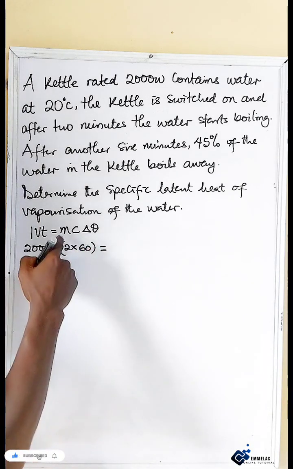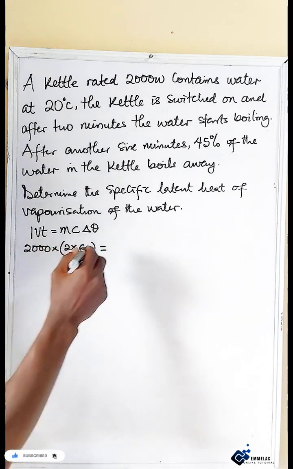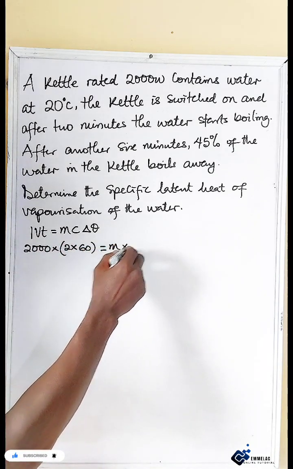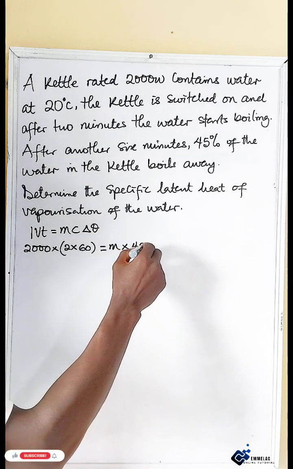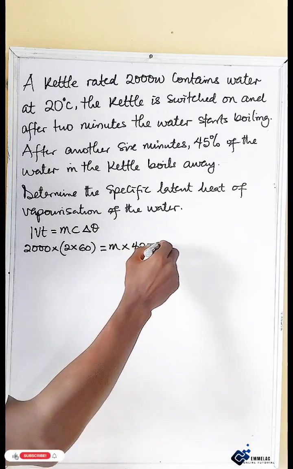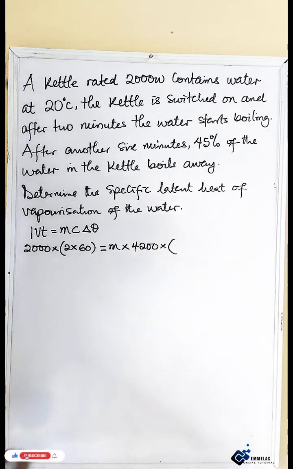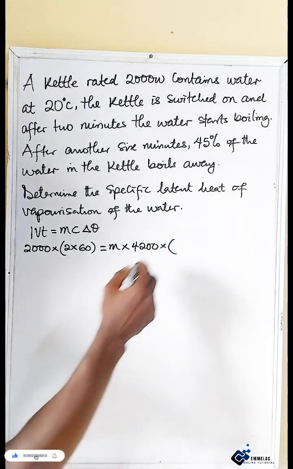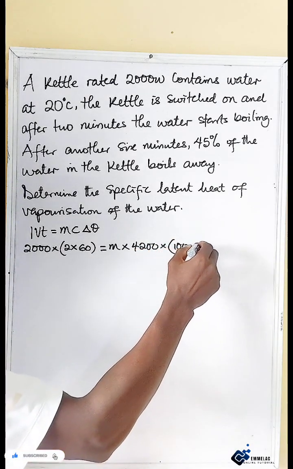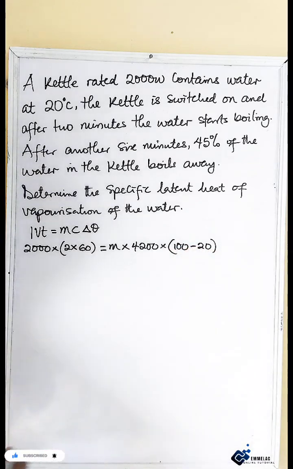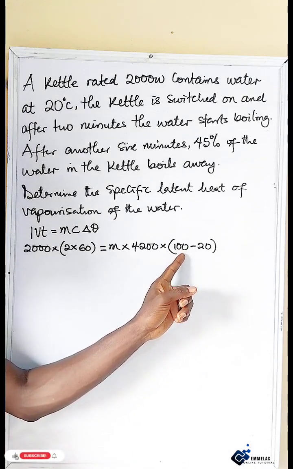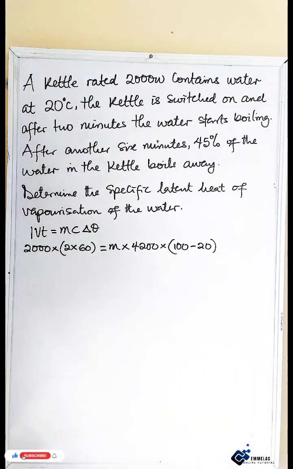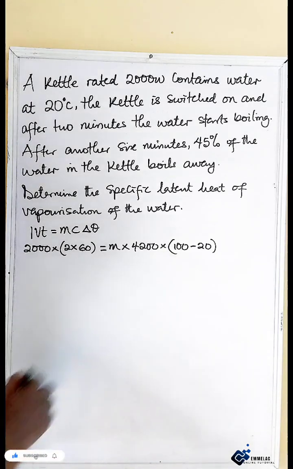Then equals the mass, which we are looking for, times the specific heat capacity of water, 4200, times the temperature change before boiling, which is 100 minus 20. The reason is that before it boils, water needs to get to 100 degrees centigrade, and that is why I'm using 100 here.